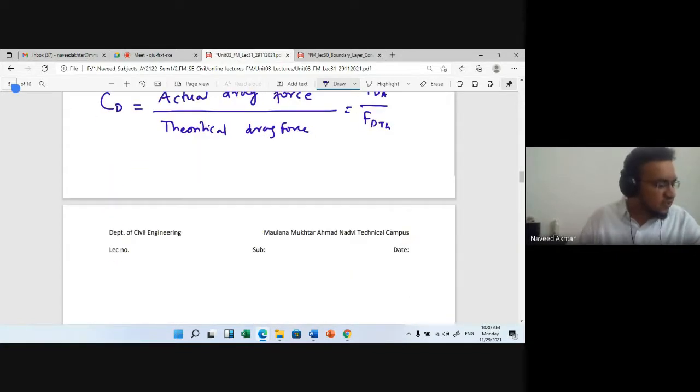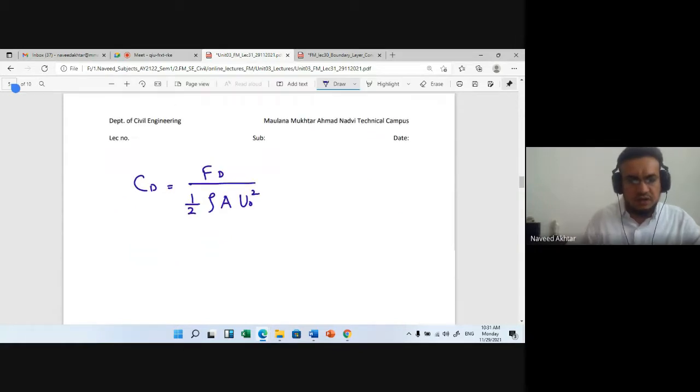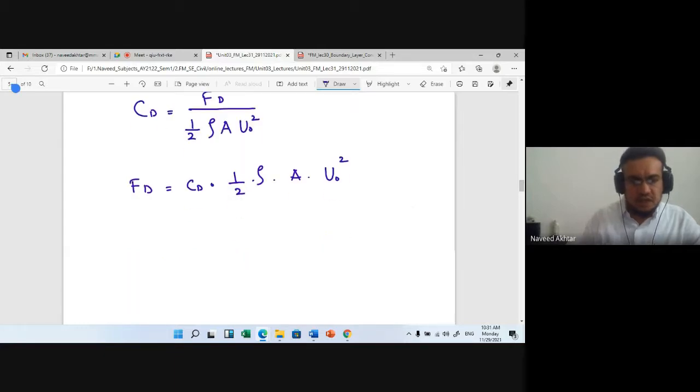So CD will be equal to FD upon half rho A U0 square. Or you can write FD is equal to CD into half rho A U0 square.